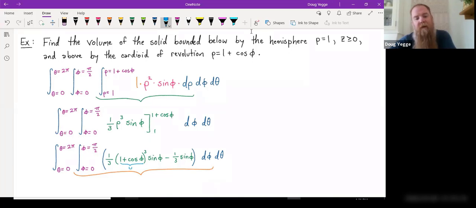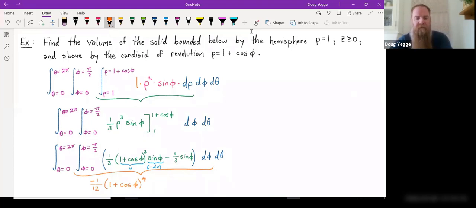If I let u be 1 plus cosine phi, then the derivative is negative sine phi, so this right here is just negative du. So all I'm integrating is negative 1/3 u cubed. That becomes negative 1/12 u to the 4th, which is (1 plus cosine phi) to the power of 4.